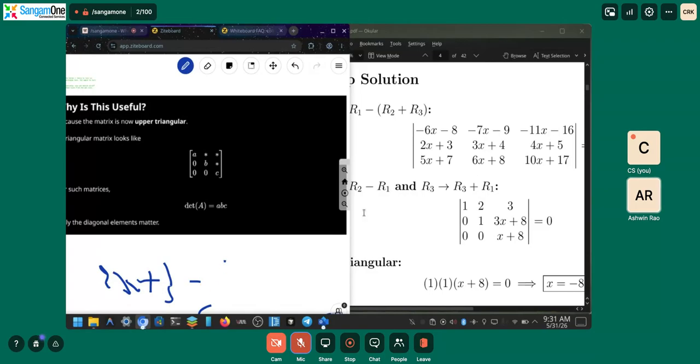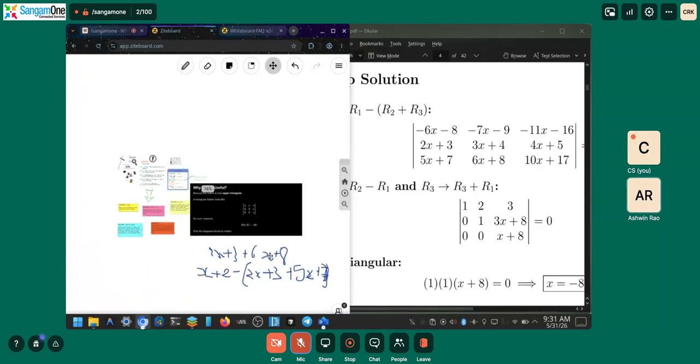Minus is plus here, that's why plus 6x. Minus is plus here, plus 8 corresponds to here.